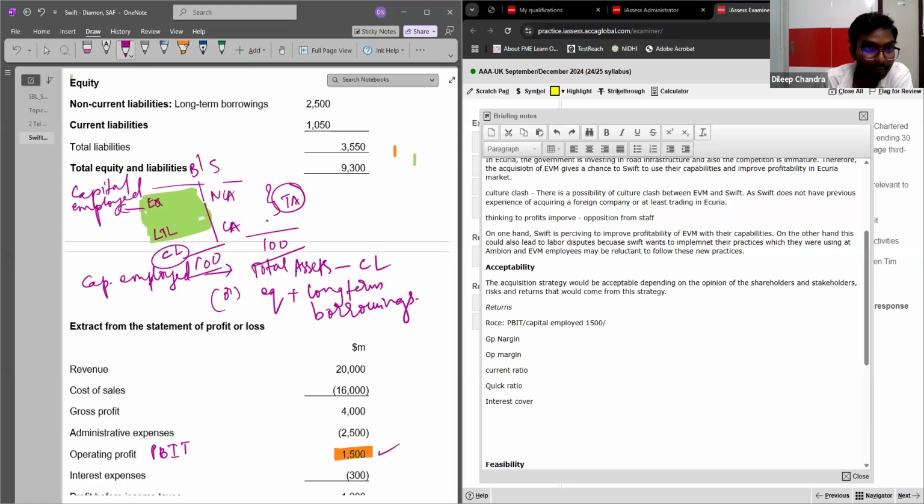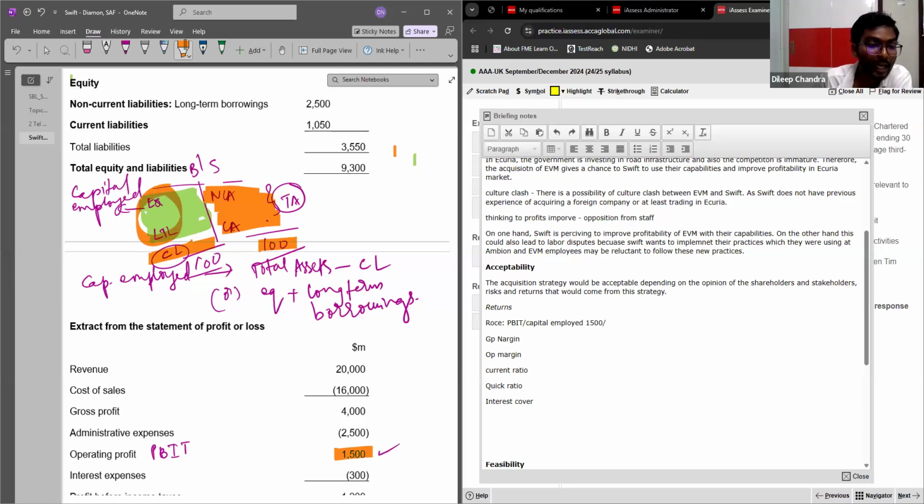If we reduce the current liabilities, we are left with this part.